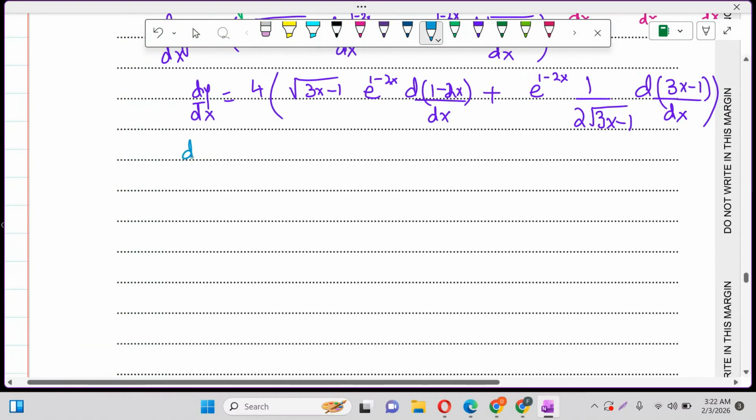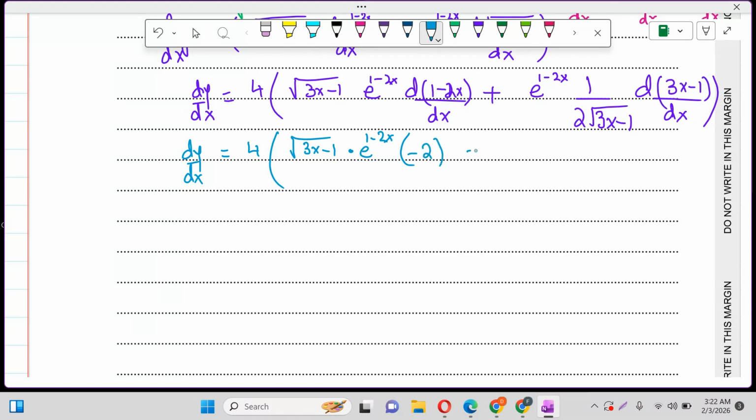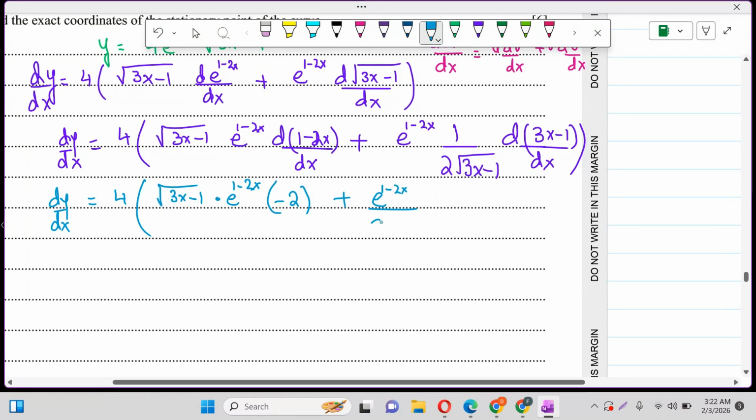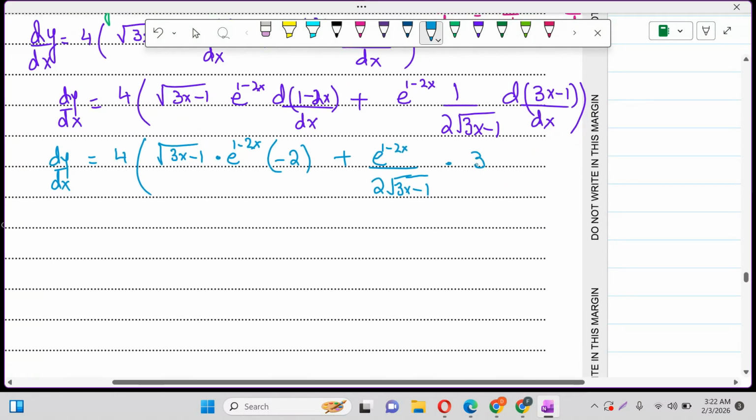Further solving, we will have dy/dx equals 4 times [√(3x - 1) times exponential of (1 - 2x) times the derivative of (1 - 2x), which is negative 2, plus exponential of (1 - 2x) over 2√(3x - 1), and the derivative of 3x - 1 is 3].